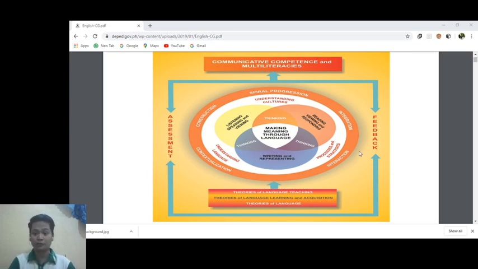Then probably you can present content from science, mathematics, geography, history, etc. So you present also other perspectives aside from language, right? We try to integrate other disciplines in a particular subject. So that's integration.